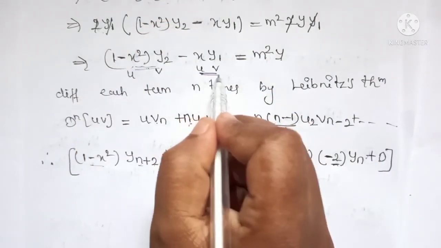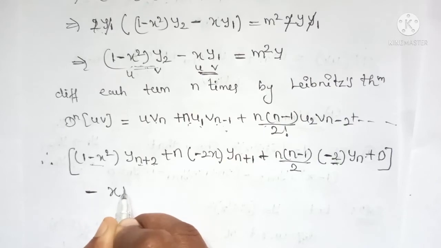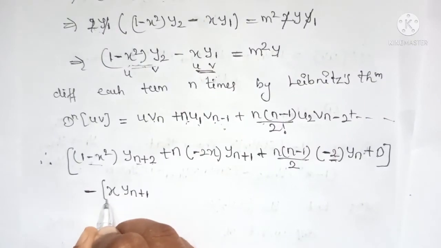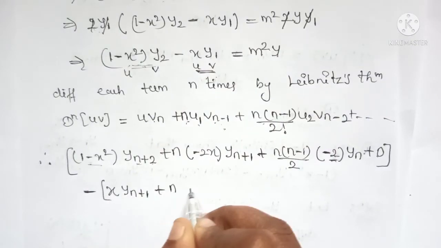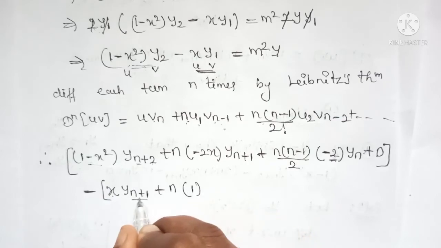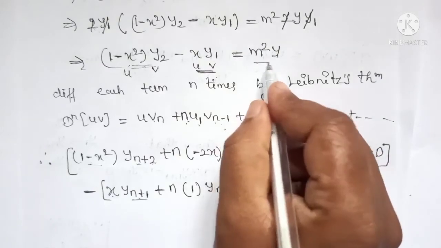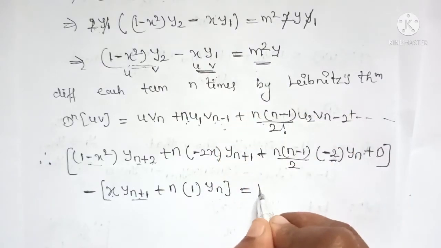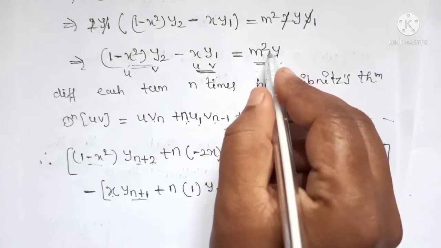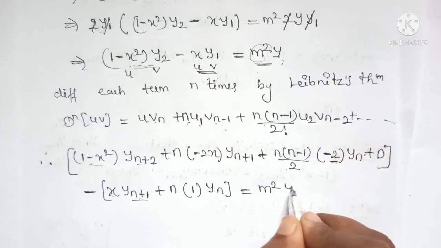Now we apply for this one, minus x as it is, nth derivative of y1 is y(n plus 1), plus constant n, the differentiation of x is 1, replacing n by n minus 1, we get yn, equals to. On this side we have m square, which is constant, no need to apply the uv formula. We simply differentiate y n times, we get yn.